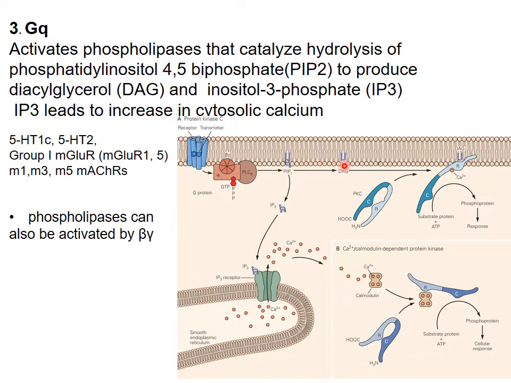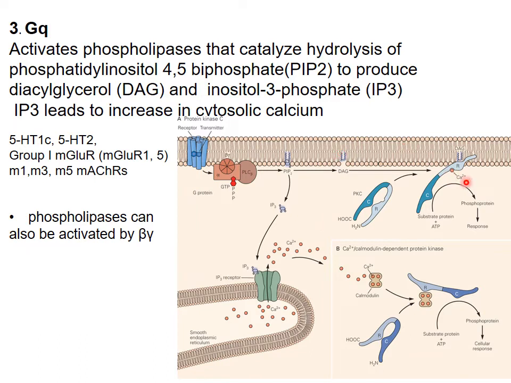It will lead to the production of diacylglycerol, which stays in the membrane, and also production of inositol 3-phosphate. Inositol 3-phosphate can go to the endoplasmic reticulum, bind inositol 3-phosphate receptors, and lead to the opening of calcium channels and release of calcium from the endoplasmic reticulum into the cytosol, and that way we have significantly increased calcium concentration.